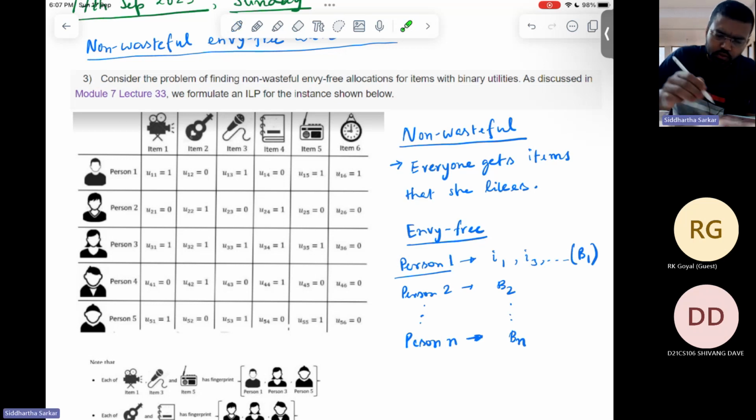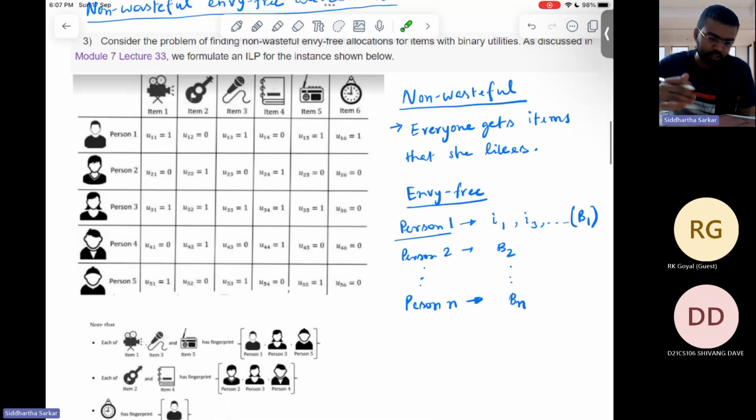Person one gets to see bundle two, bundle three, and bundle n, and he should not feel jealous by looking at any of the bundles. The utility of any of these bundles should not be more than the utility that he has obtained due to his allocation. That is the informal meaning of envy free. But let us go further and we will see things in a more formal way.